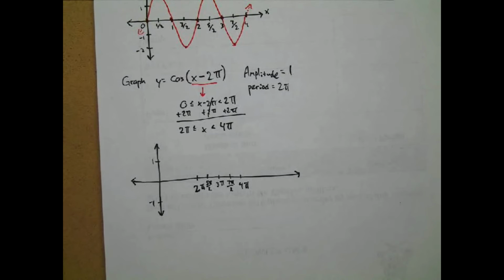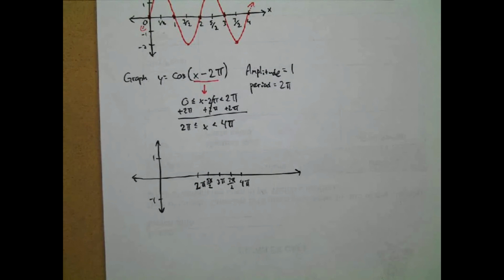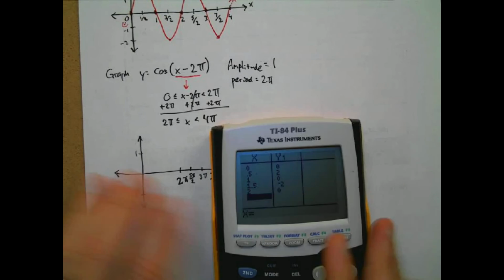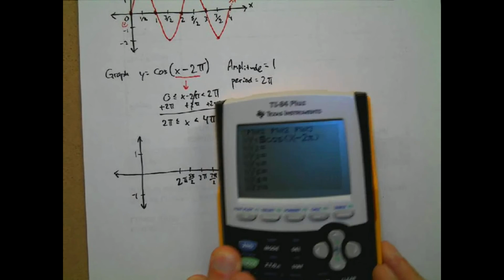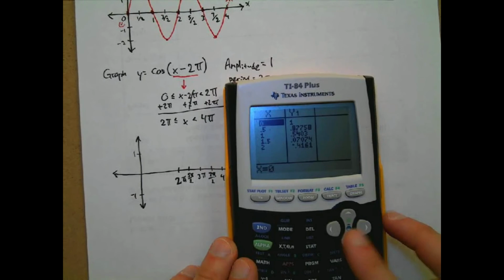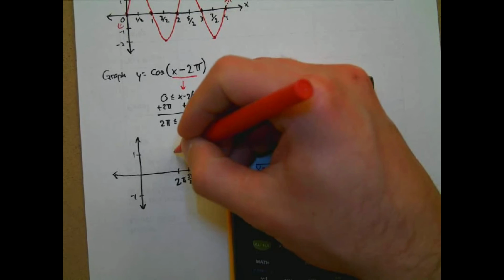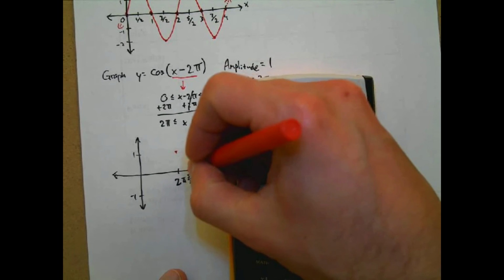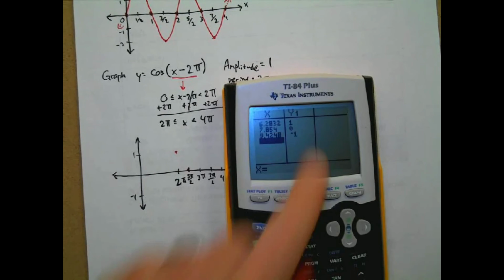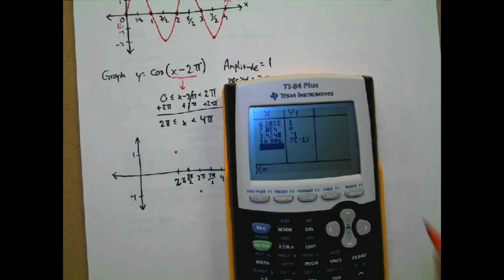Okay. And then when I go to graph, I am not going to start at 0. I'm going to start at 2 pi. And so I'll go ahead and use my graphing calculator here too to help. I'll change this to be cosine of x minus 2 pi. Okay, there. Second graph. 2 pi gives me 1. 5 pi over 2 gives me 0. 3 pi gives me negative 1. 7 pi over 2 is going to be 0.